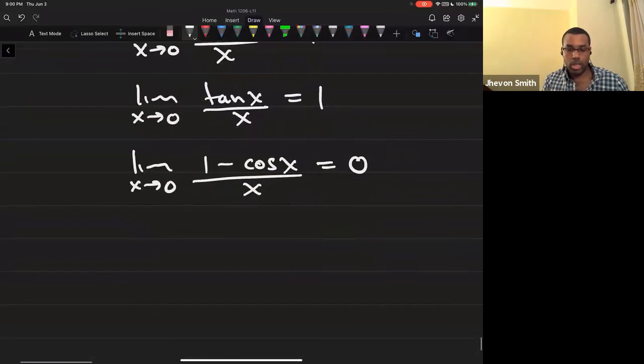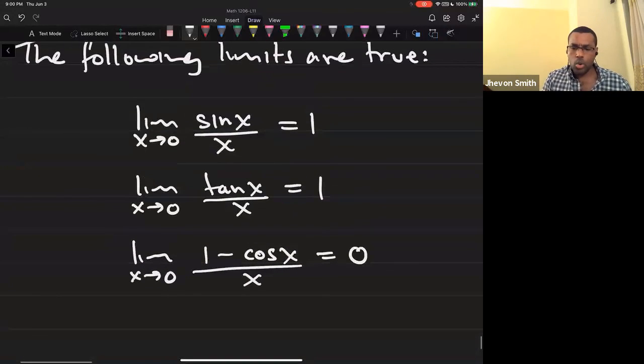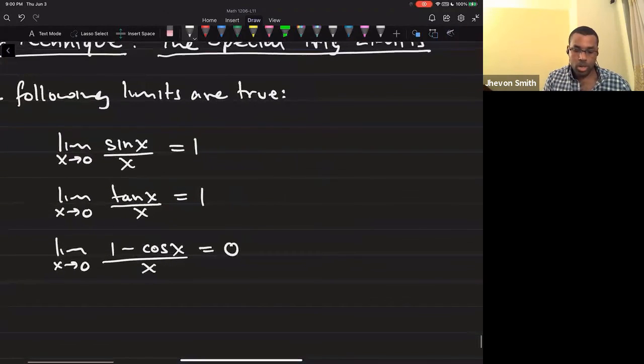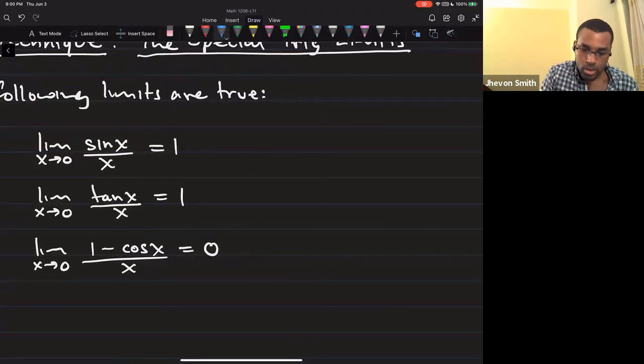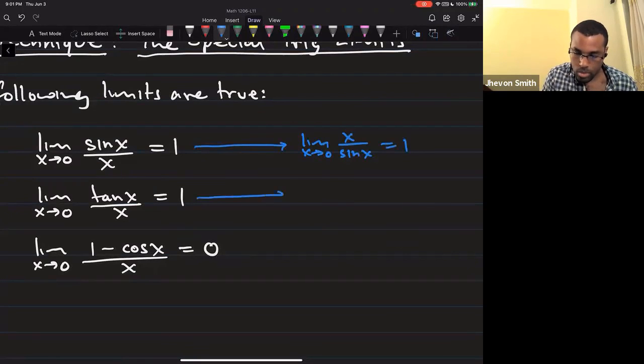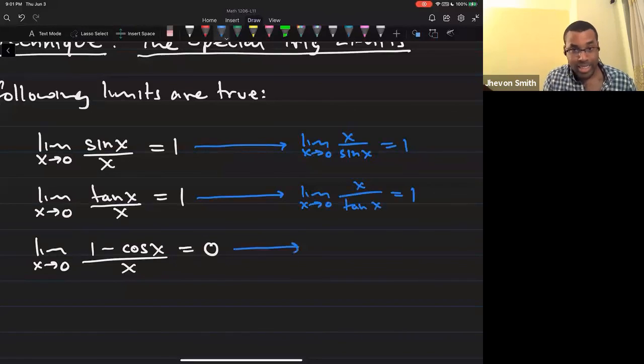So these are the special trig limits. Because these are 1, the reciprocal also works. This one you can't take the reciprocal, but because it's 0, you can take the negative.